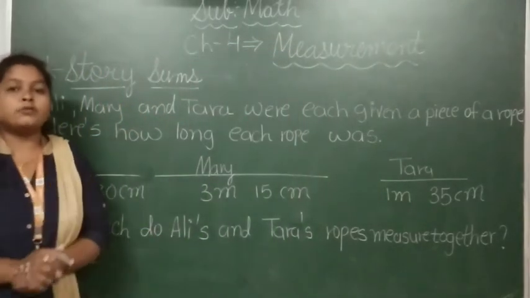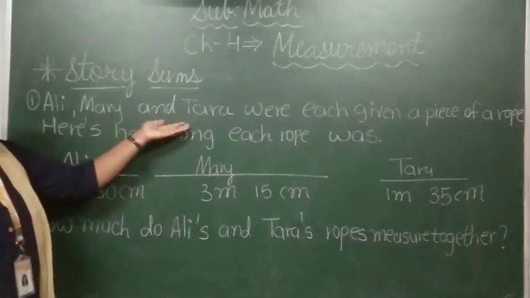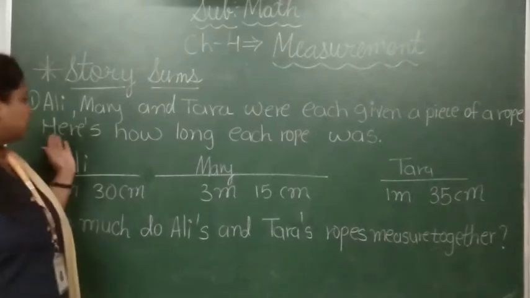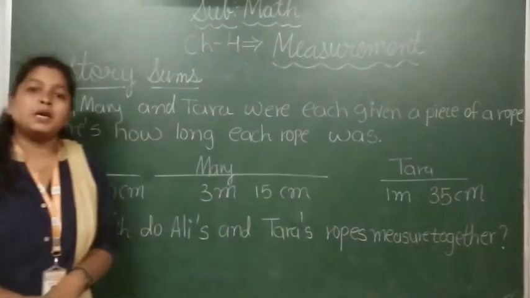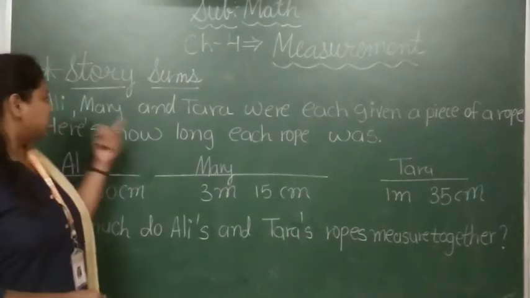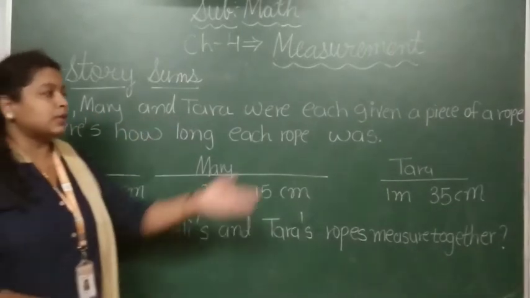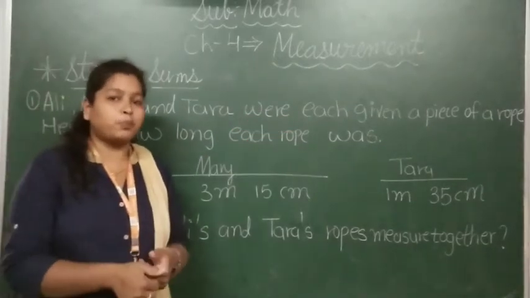So here I have written one story sum. Ali, Mary and Tara were each given a piece of a rock. Here's how long each rock was. यहाँ पे 3 बच्चे का नाम दिया गया है. First is Ali, second is Mary and third one is Tara. Here you can see on the pictures how the 3 children have the rocks, right?